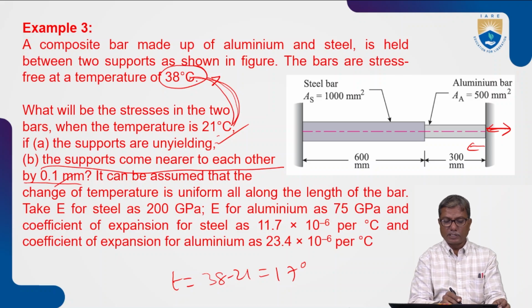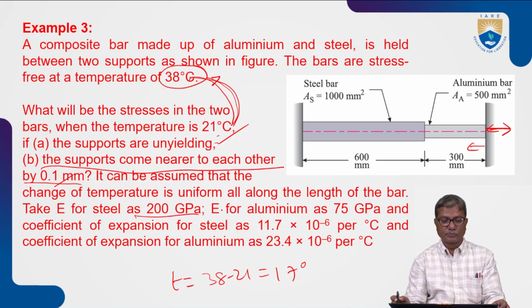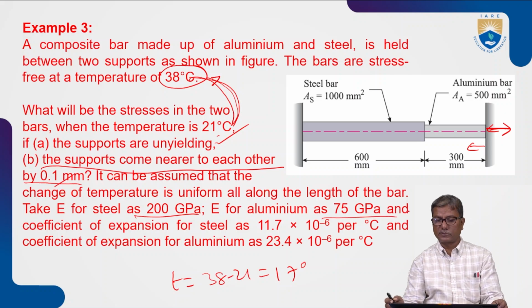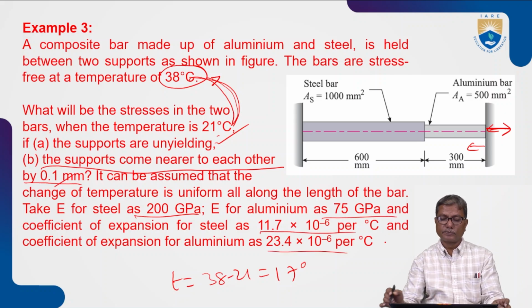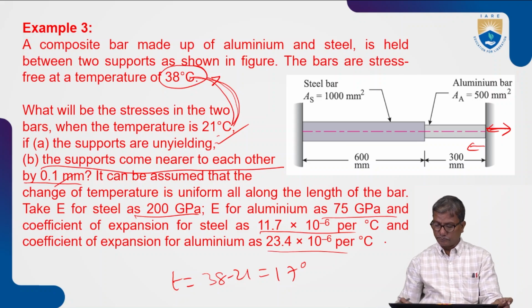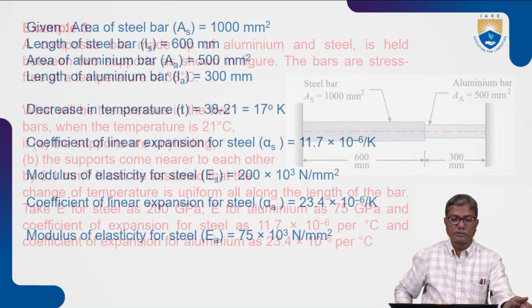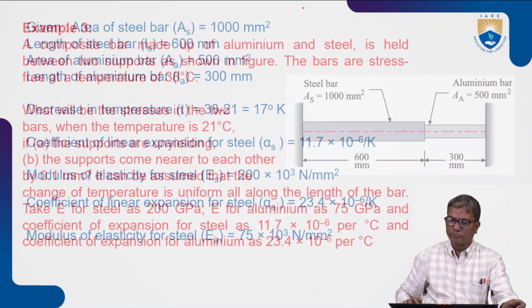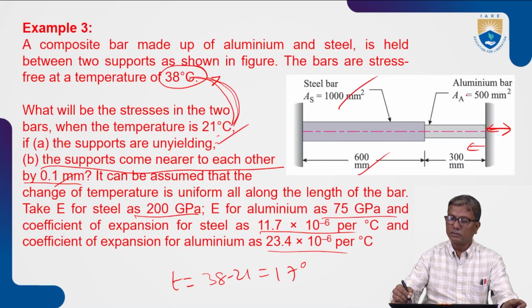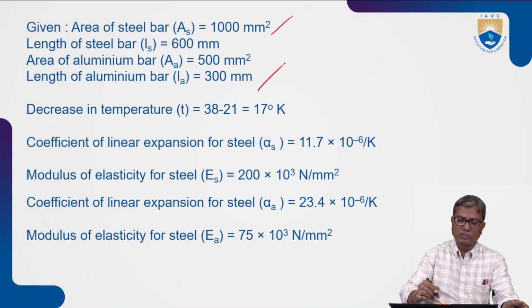So the material constants are given: 200 gigapascals for steel and 75 gigapascals for aluminum, and coefficient of expansion for steel and aluminum. The area of steel bar and its length, the area of aluminum bar and its length are given.